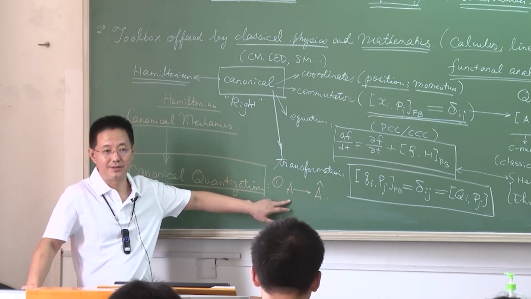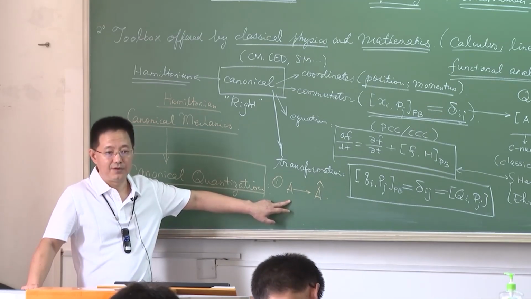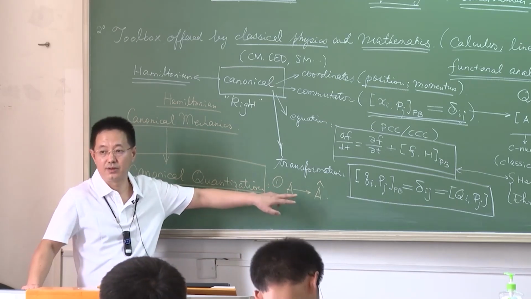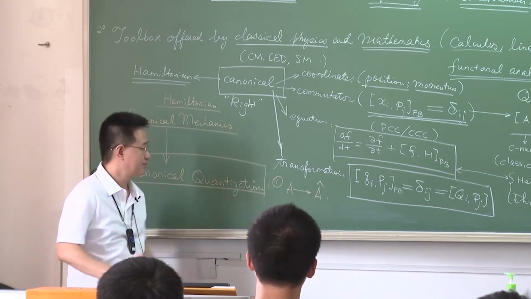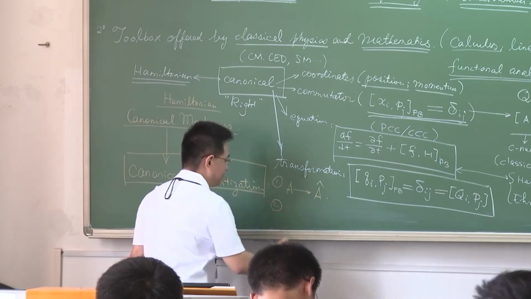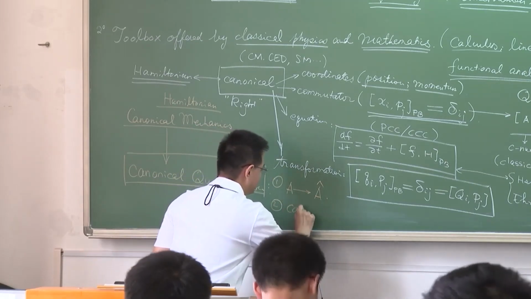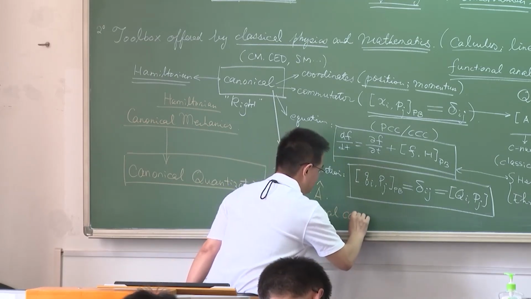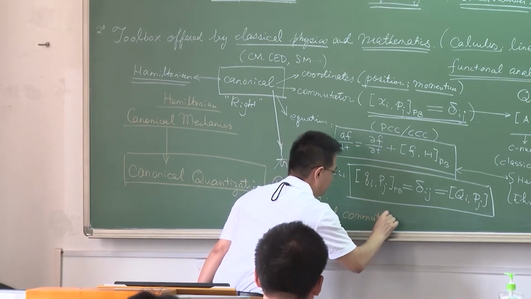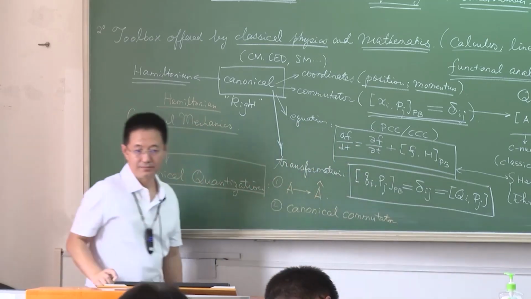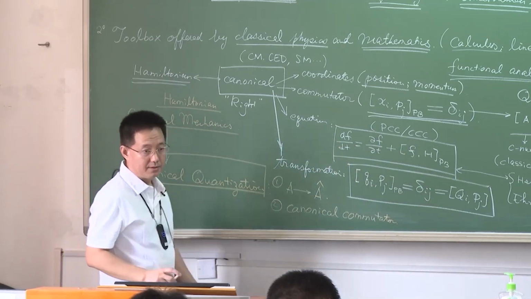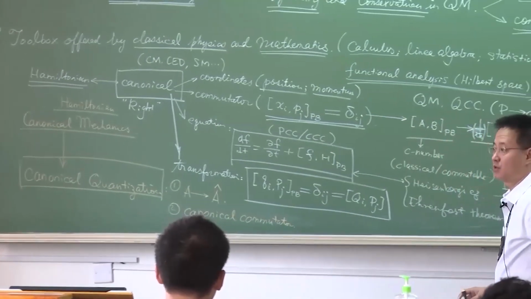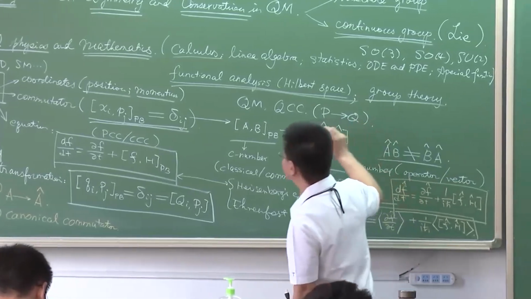It is a very common function, not an operator. But in quantum mechanics, it should be changed to an operator. Another thing is that you will have the canonical commutator relation. And for us, the very fundamental canonical commutation relation is this.